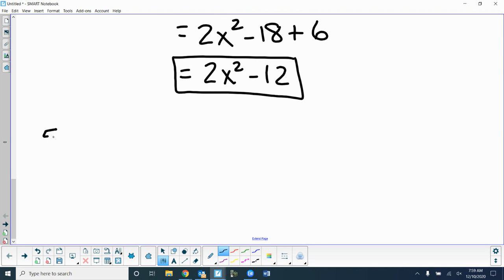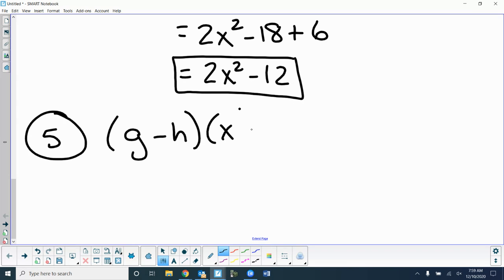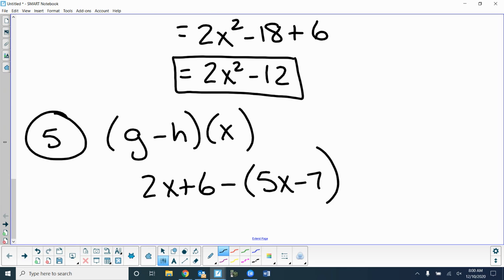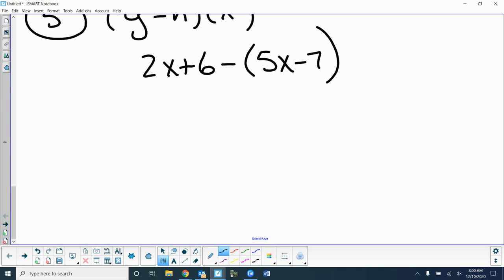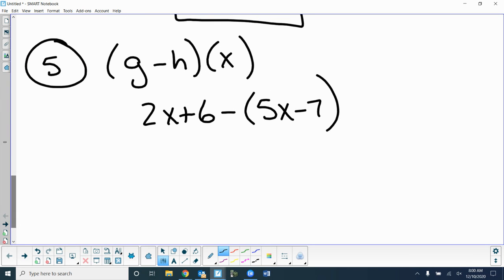Number 5, this is another one with no number. So you take g of x, which is 2x plus 6, and you subtract h of x, which is 5x minus 7. So I always put a parenthesis around when I'm subtracting. That reminds me that it's going to be 2x minus 5x, negative 3x.